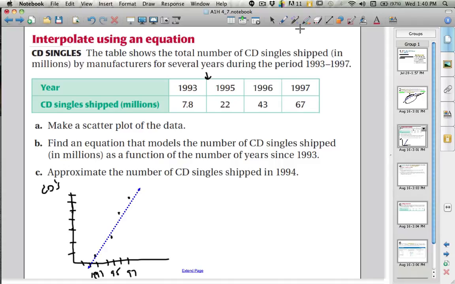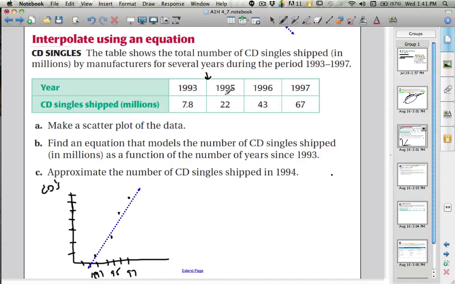But what's most closely related to what was happening in 1994? I'm really going to look in between the points of 93 and 95. You'll see that it could be argued that this is more of an exponential growth model. I might be able to use this line, I might not.